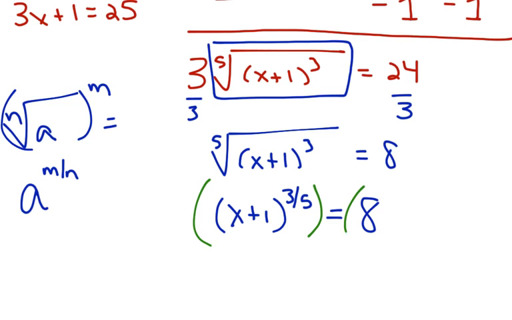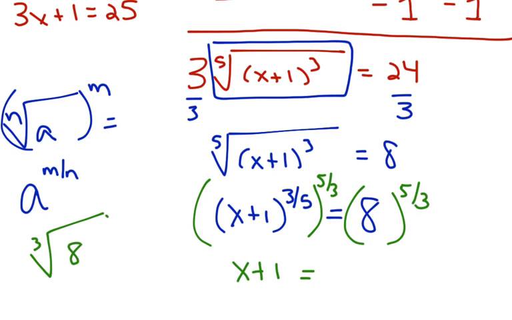Well, we just said a few moments ago you solve it by raising both sides to the reciprocal of the exponent. So the reciprocal of 3/5 is 5/3. On the left-hand side, the 3/5 times 5/3 is 1. It goes away. On the right-hand side, this is the same thing as saying the cube root of 8 to the 5th.